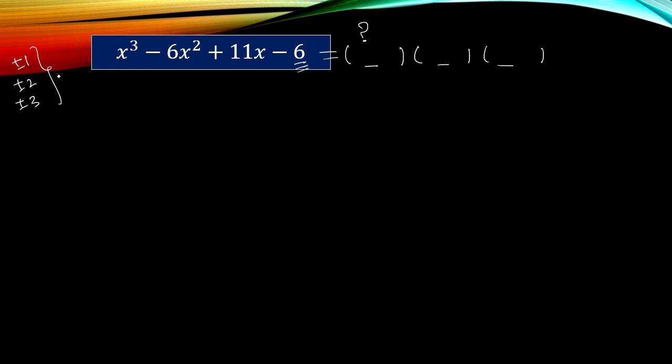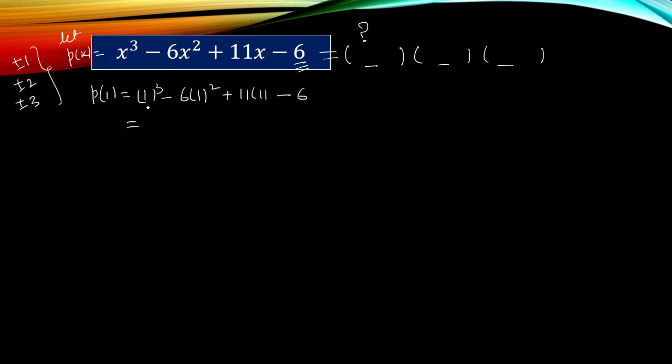So if we put 1 in the polynomial, before that we take the polynomial as p of x, a polynomial in variable x. Now putting the value 1 in place of x, we get 1 cube minus 6 into 1 square plus 11 into 1 minus 6.